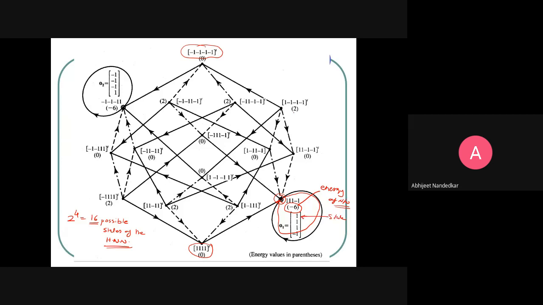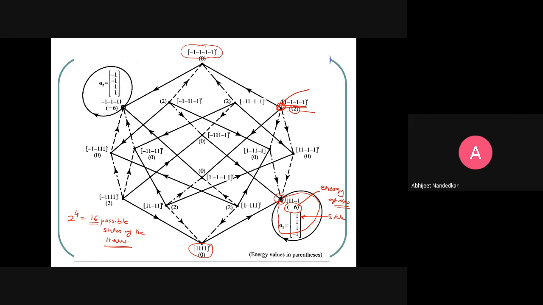Now suppose I give an initial trigger like this, say +1 -1 -1 -1, then the initial energy of the network is +2. Now from here the network will try to change its energy, it will fall.